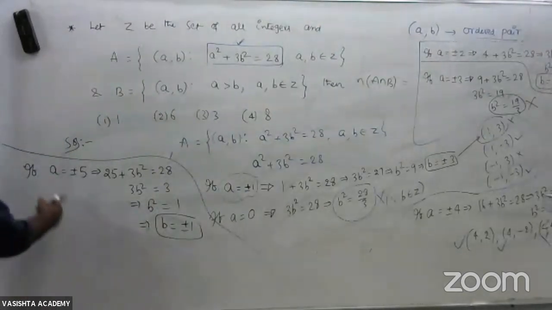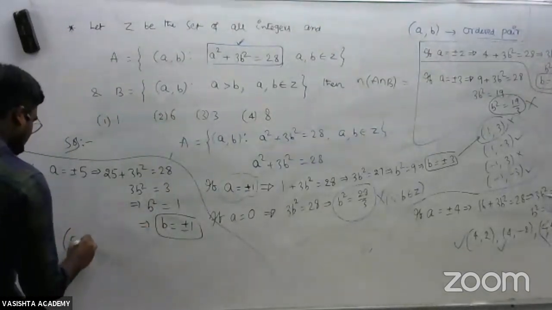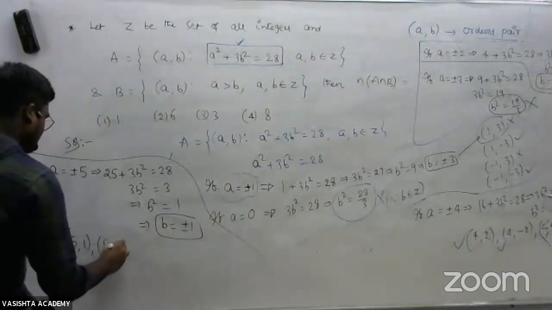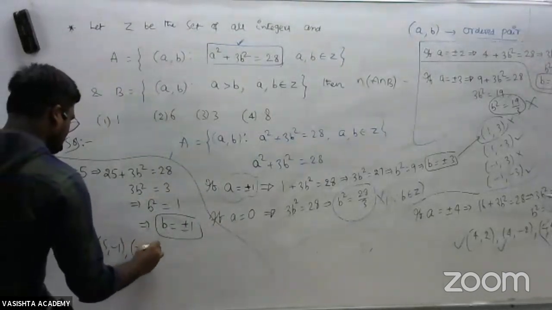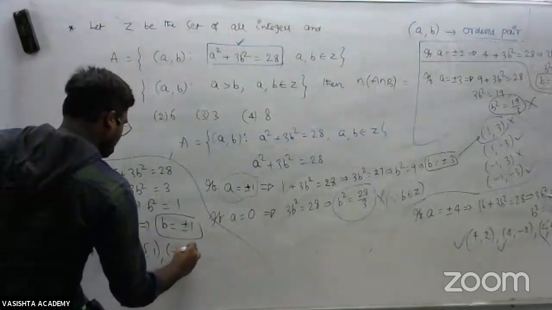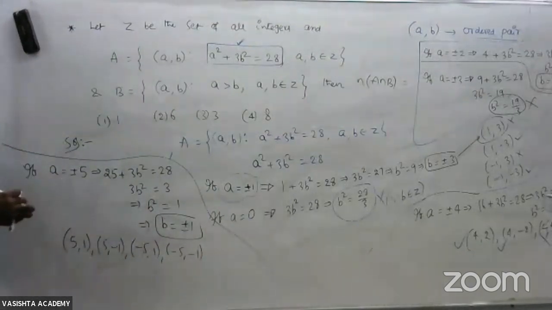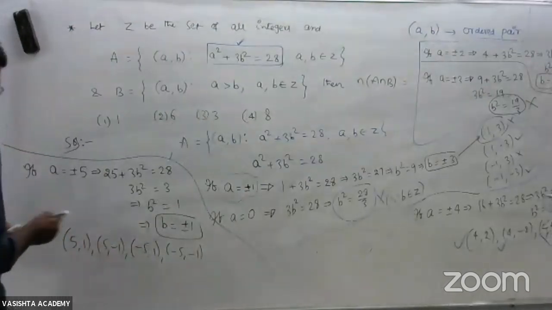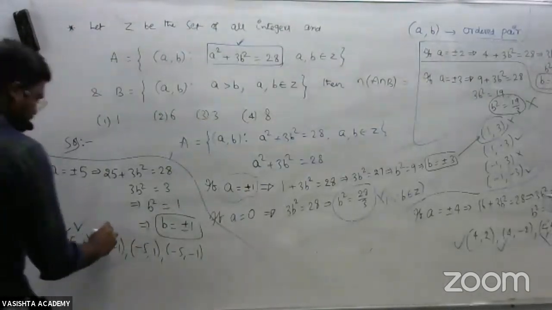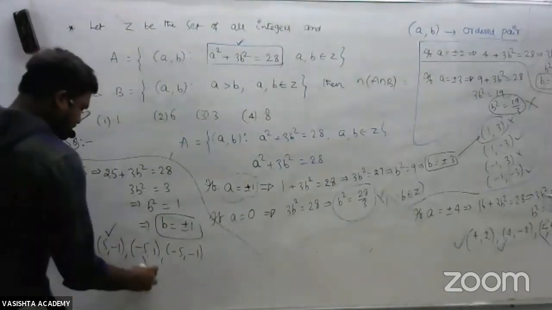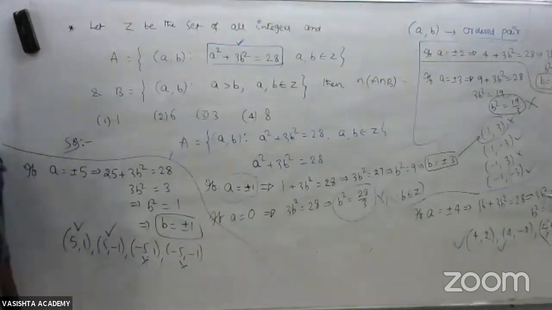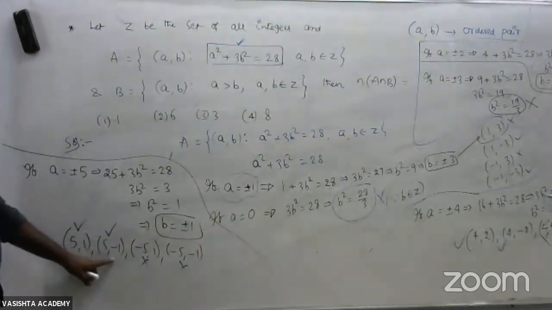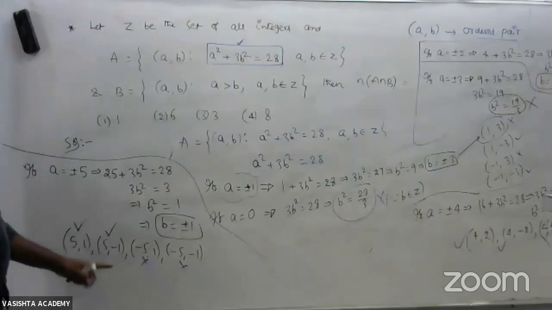Understood? Now again, what combinations you'll get here? 5 comma 1, 5 comma minus 1, minus 5 comma 1, minus 5 comma minus 1. Again, I have to collect only those ordered pairs where a is greater than b. This is okay. This is also okay. But this is not okay. This is also not okay. Isn't it? In these two cases only you will get a greater than b.